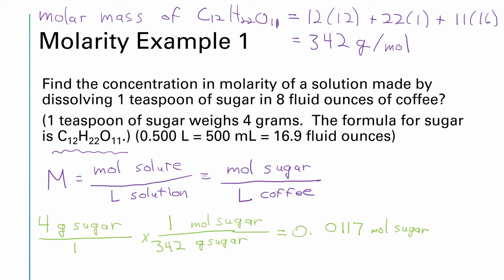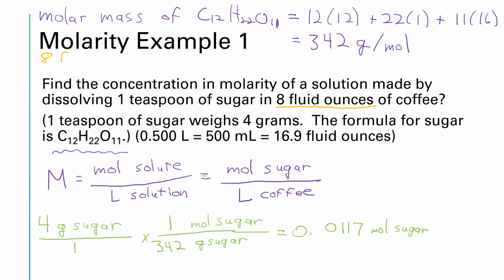Then the other piece that I'm going to need is the volume of the coffee in terms of liters. I don't have liters. Let me switch colors again here. We'll go with the orange one. What we were given about the volume, let's see, where's my pen? There we go. We were told it was 8 fluid ounces of coffee. Do this conversion up top.